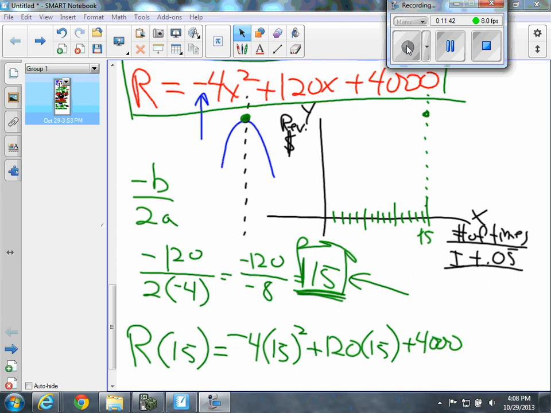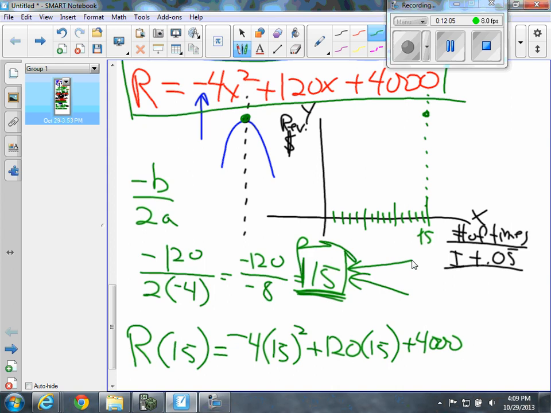Now let me just pause here for a second and tell you I'm going a little bit beyond problem 50. Because problem 50 says, use the verbal model and the quadratic function to find how the store can maximize daily revenue. So if you got just up to here and say it has to increase the price 15 times by a nickel, that would be fine. That would be the answer to this question.